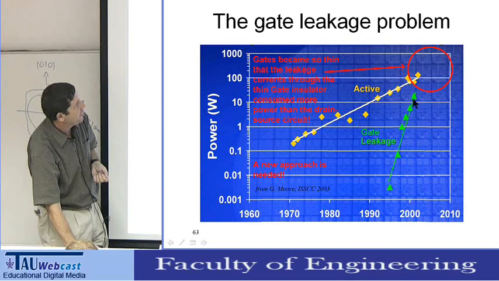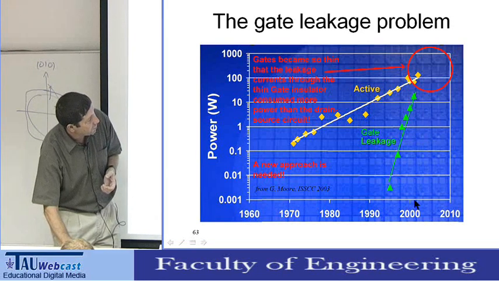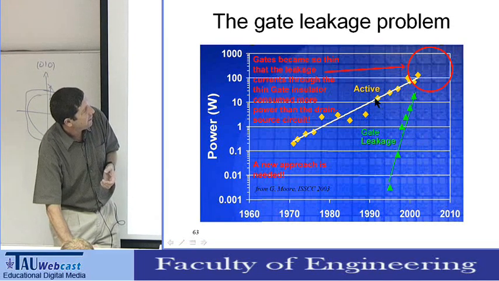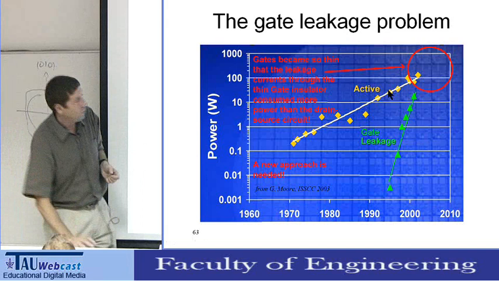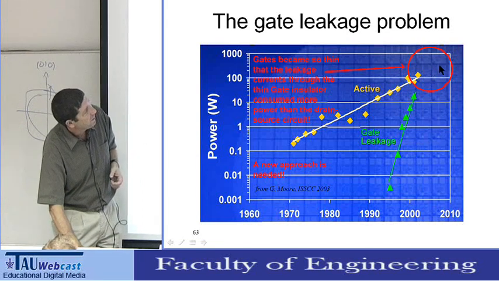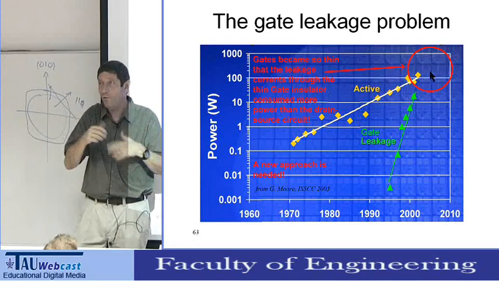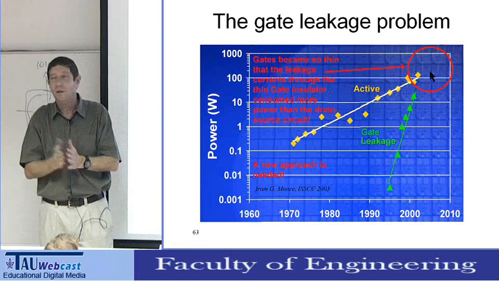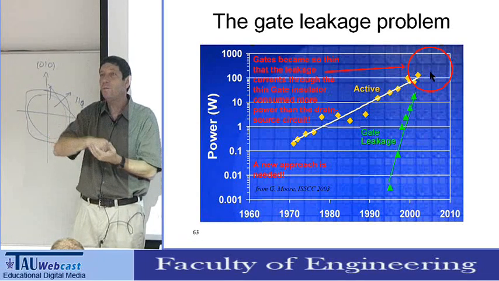This is the gate leakage. This is the power loss due to gate leakage, as a function of time, from 2000 to 2010. And this is the actual active power loss because of the circuits. Approximately now these lines converge, which means if we use SiO2, we'll have a big problem of too much current through the gate and too much power loss.